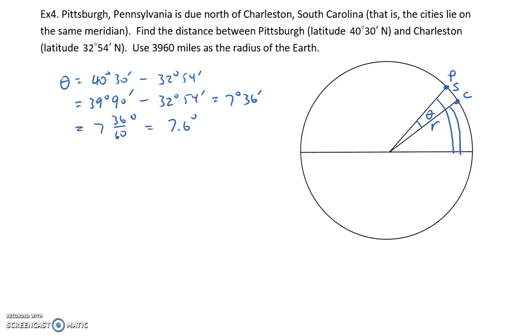If we then convert that to radian measure, we would have theta equal to 7.6 degrees, and then multiply by pi over 180 degrees. And using a calculator, we would obtain approximately 0.1326 radians.